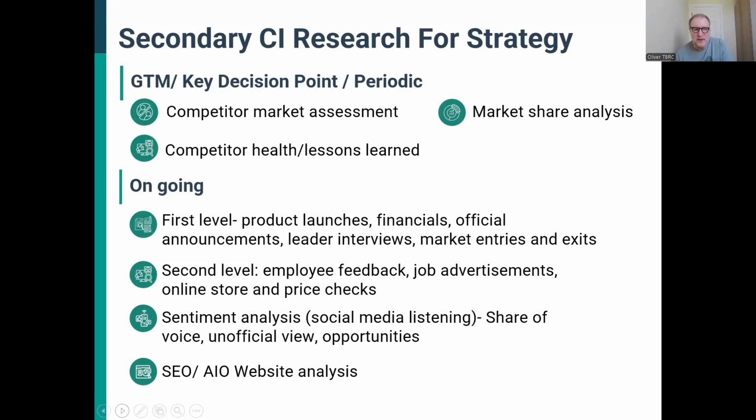And over the last probably 10 years, there's been a big move to automation in this area, bringing in a wide range of tools that can be used to suck in all this ongoing information, to organize it into newsletters and regular updates, to give people alerts, all this kind of thing.